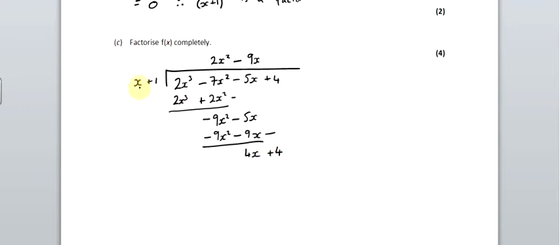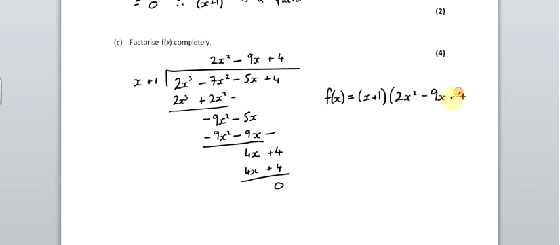And finally, x goes into 4x, positive 4. We take the positive 4 and multiply it, and it gives us that, which is just as well because there should be a remainder of 0 because this is a factor. Now what that means is that f of x is equal to x plus 1 times 2x squared minus 9x plus 4.